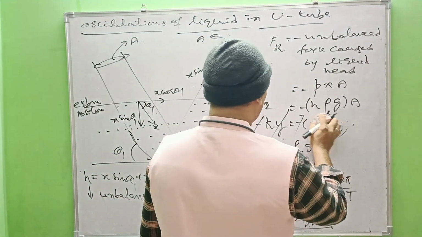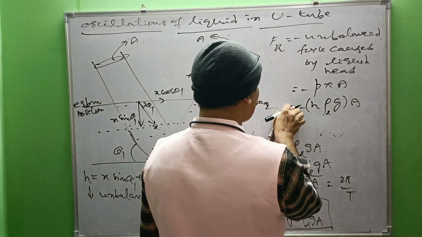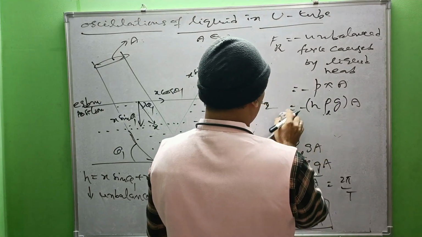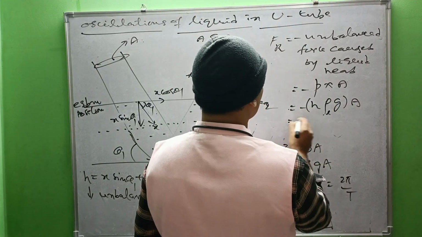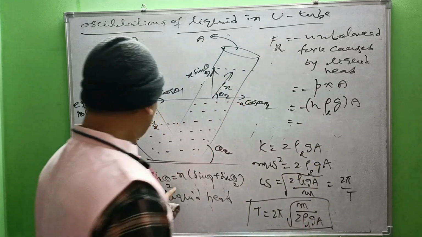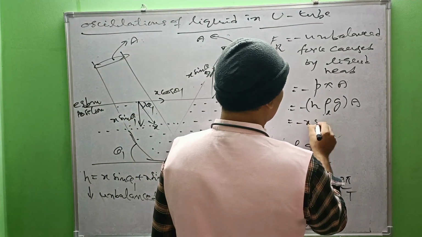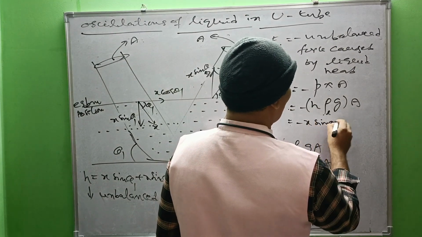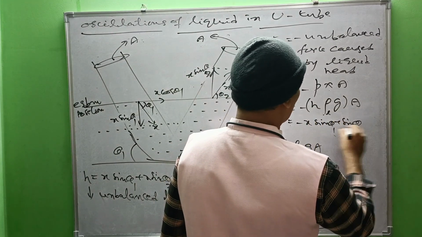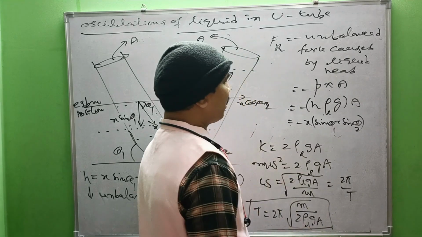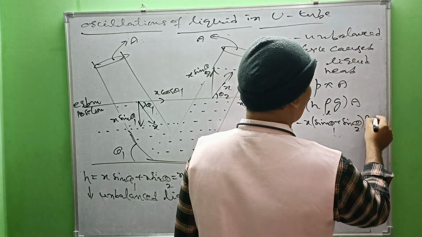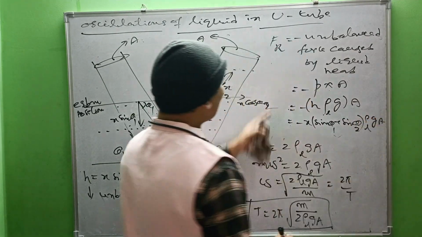That is a small modification here. Up to here, same steps. So it is minus x of (sin theta 1 plus sin theta 2) into rho L g A. Now what is Fr here?